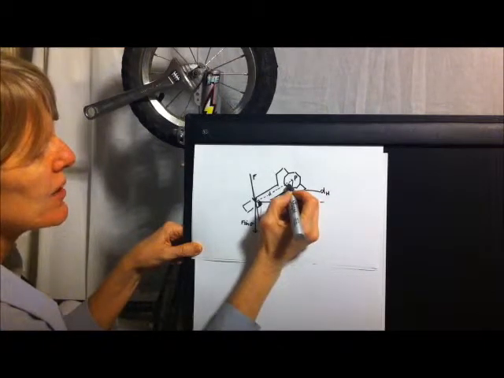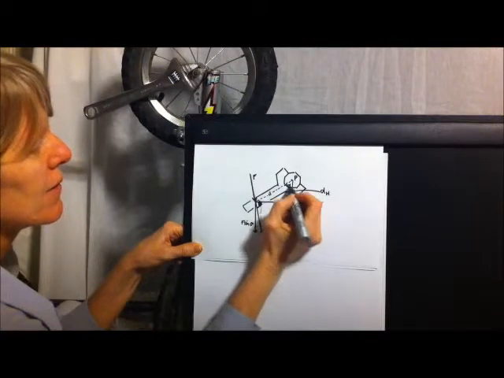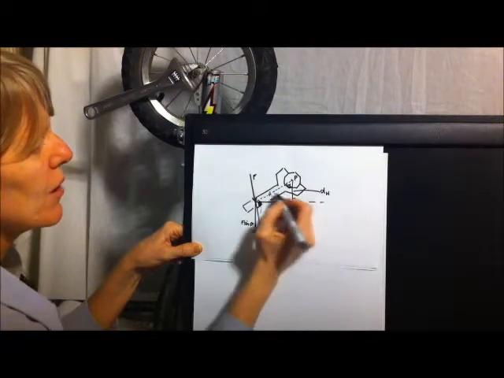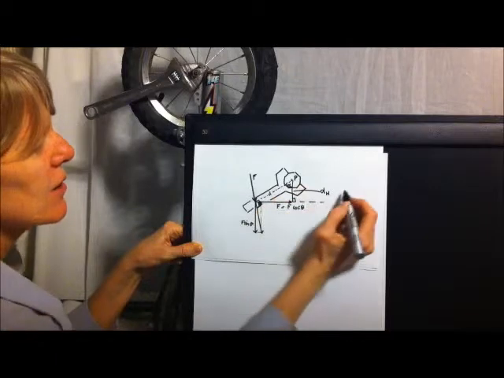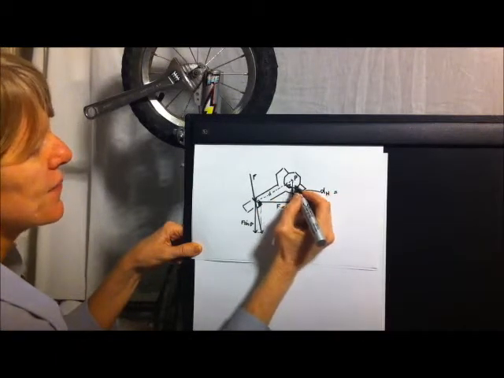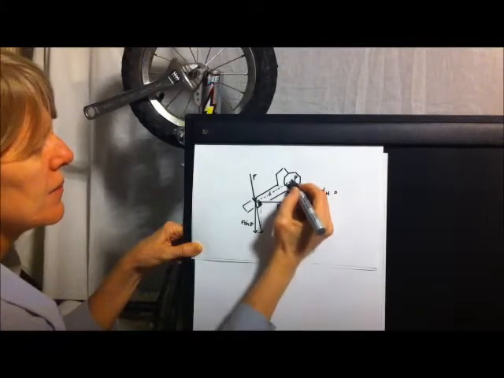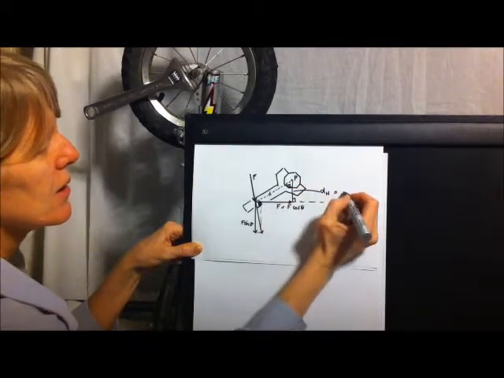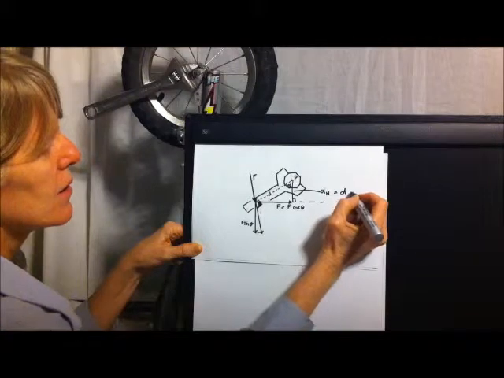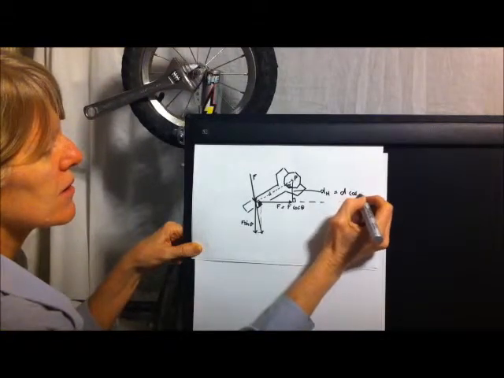And say you know what this angle here is, call that alpha, then we know that, and we know this distance here, d, well then we know that this horizontal moment arm is going to be d cos alpha.